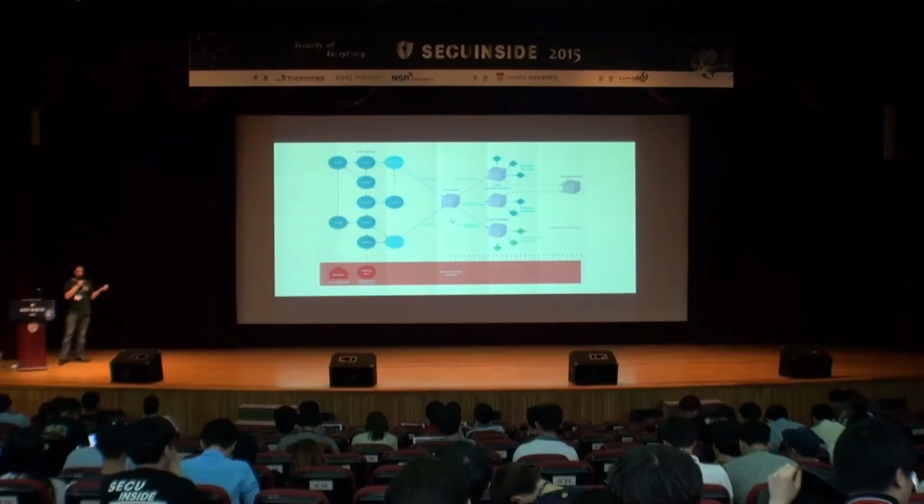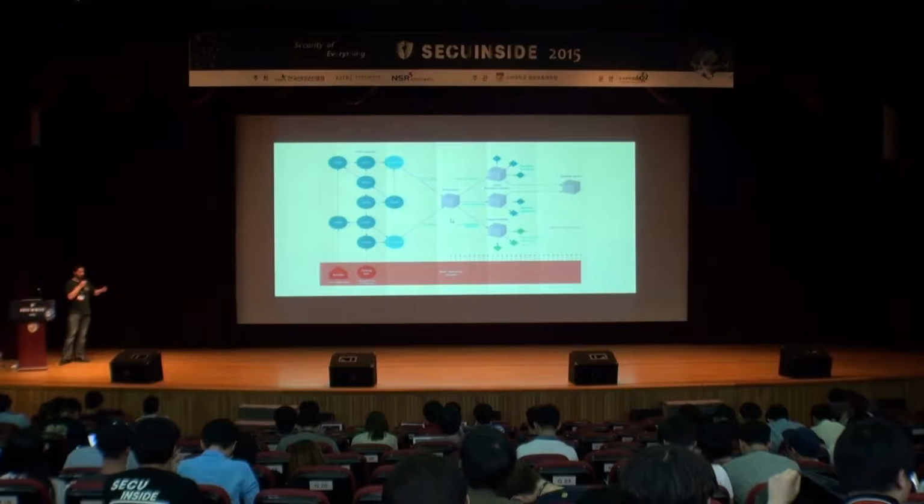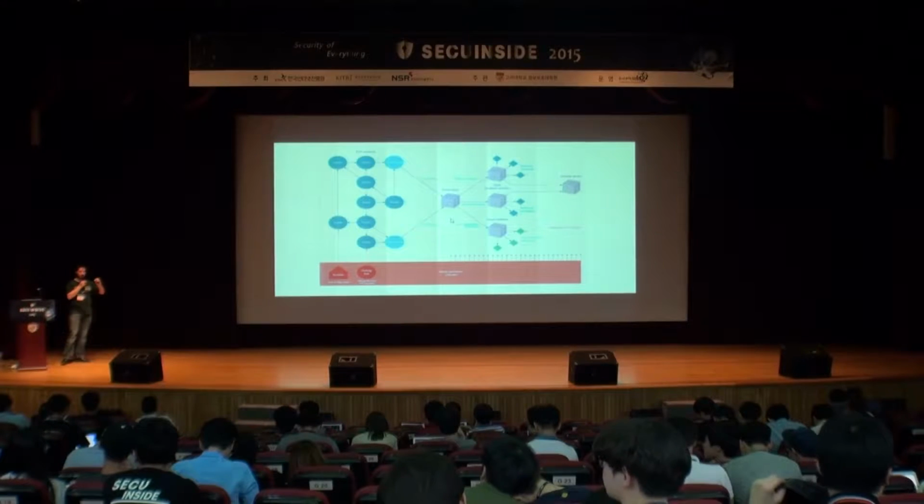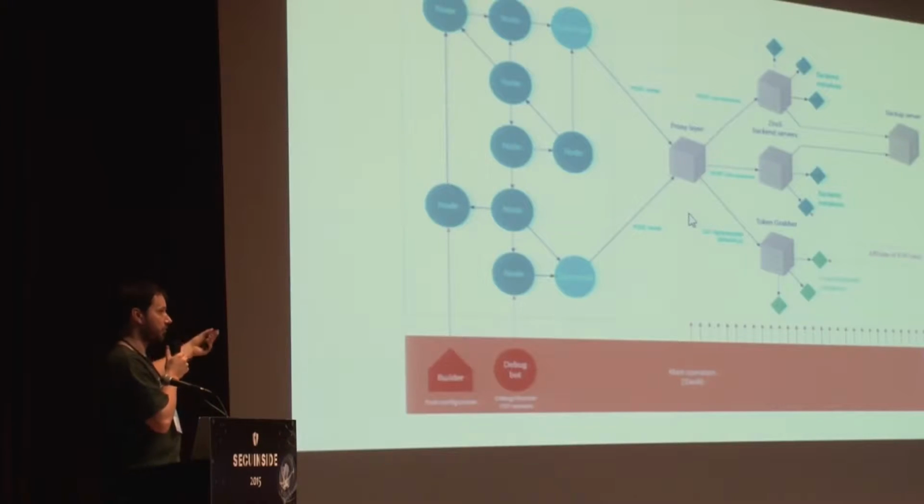Another was to use the builder, and the builder is used to build the malware, the updates, and the configurations, but also they would get a seed list of peer-to-peer nodes, put it in the builder, and the builder would then connect to the peer-to-peer network and spread RSA-signed messages, which could contain a configuration or an update or other messages such as the selection of supernodes or information on proxies.